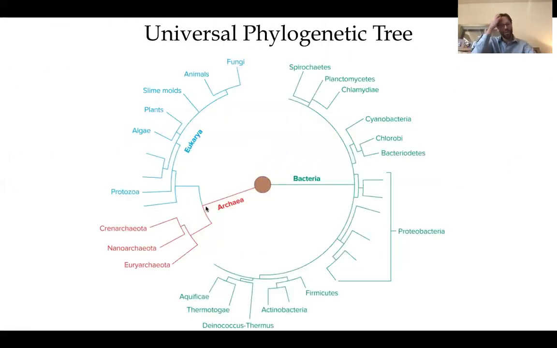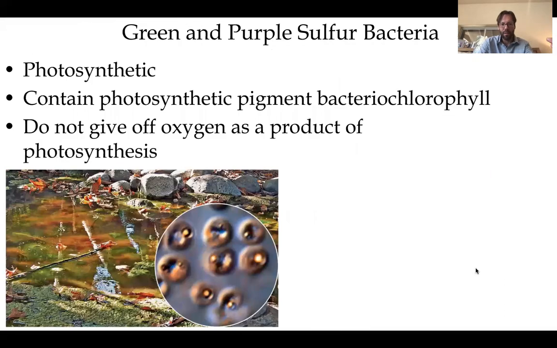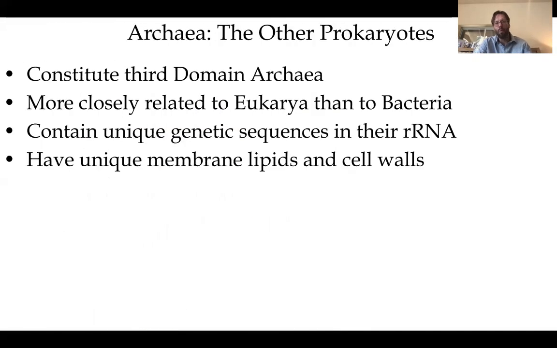If you look at the branching here, they are more closely related to things like these protozoa and these algae than they are to bacteria. But that's only from a genetic standpoint.